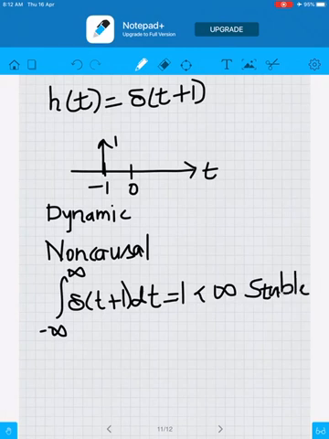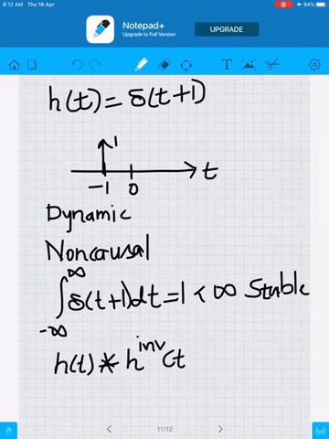And invertibility, what is the condition for invertibility? The condition for invertibility is that h of t convolved with h inverse of t should be equal to delta of t, where h of t is the given system impulse response and h inverse of t is the impulse response of the inverse system.